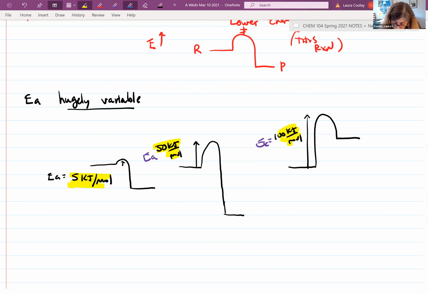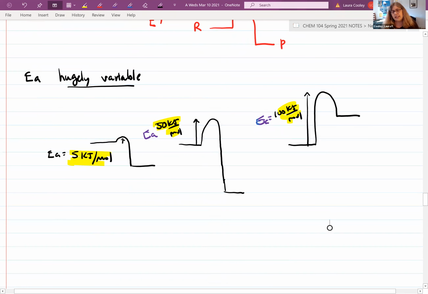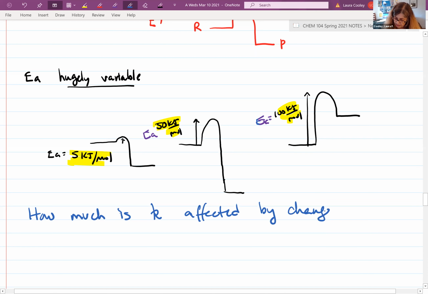Okay, so the question is, how does this affect the rate of the reaction? Is the rate constant really affected by that? How much is it affected? So how much is the rate constant affected by changes in the activation energy, EA?